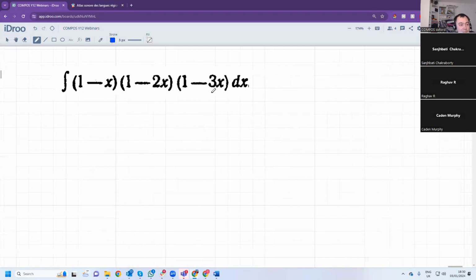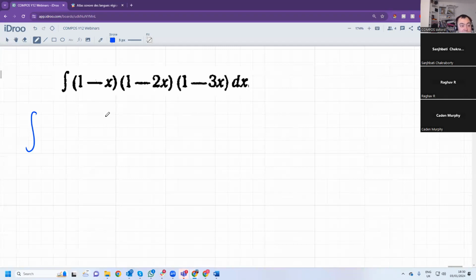To do this integral, of course, there's no product rule for integrals, so you need to simplify the expression. What I'll do is open the brackets. There are different ways I can do this.